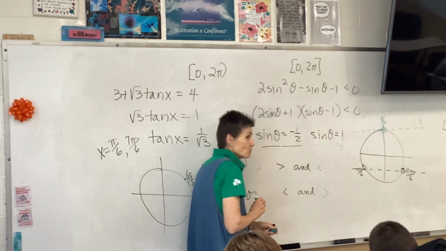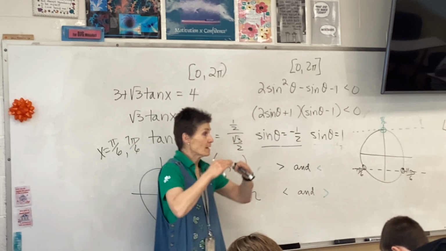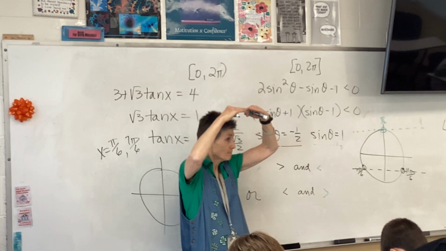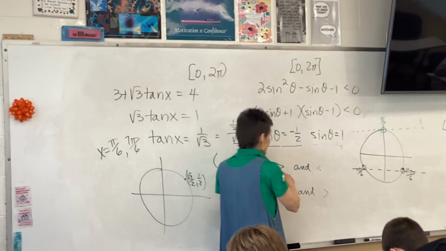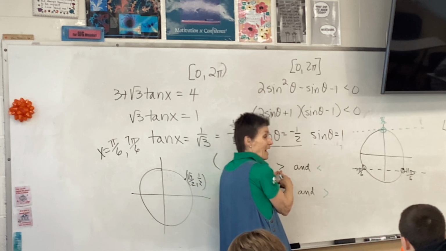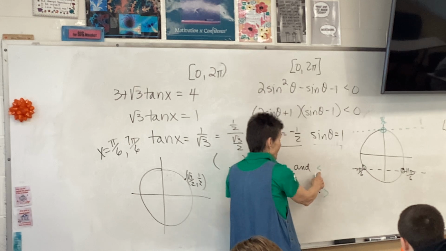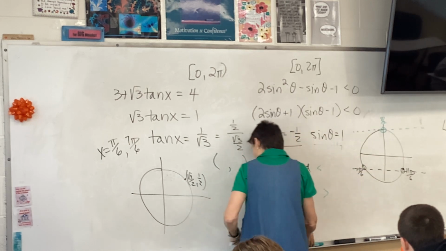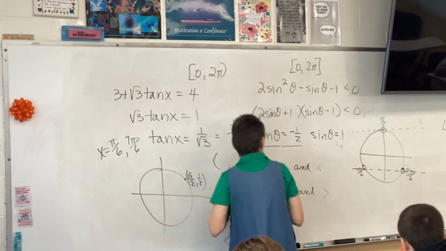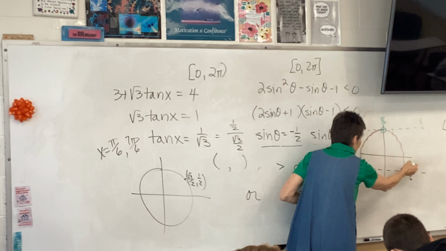Now in terms of your circle, if you're doing this on the circle, greater than means above the dividing line and less than means below. So this says I'm above black, and below green. Wouldn't that be all of this here, guys?